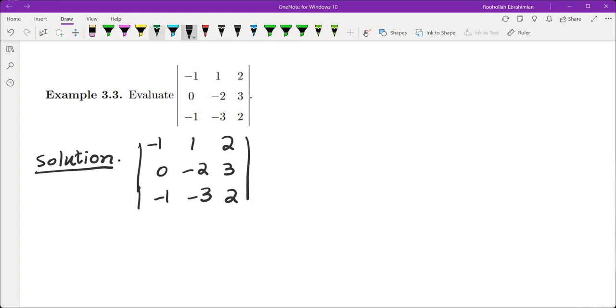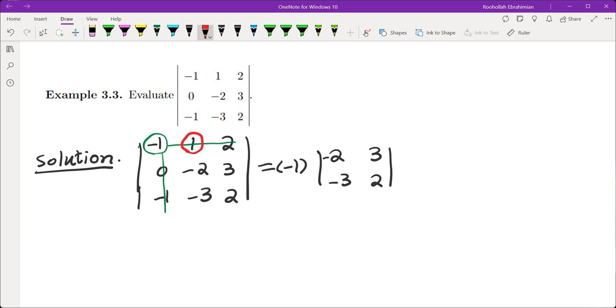here's what we do. We take the first entry of the first row, which is -1, and then we eliminate the row of that entry and the column of that entry, and multiply it by the remaining 2 by 2 determinant: -2, 3, -3, and 2. Then we move on to the next entry of the first row, which is 1.